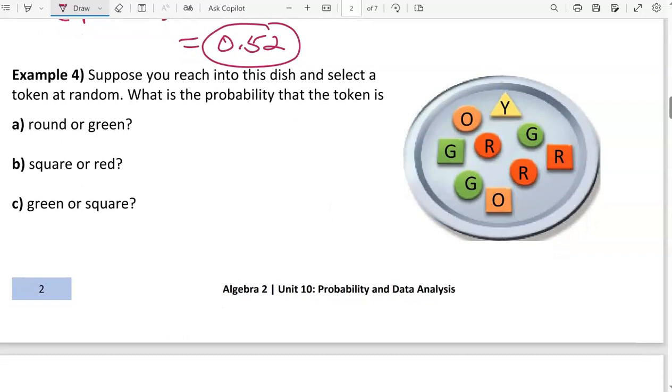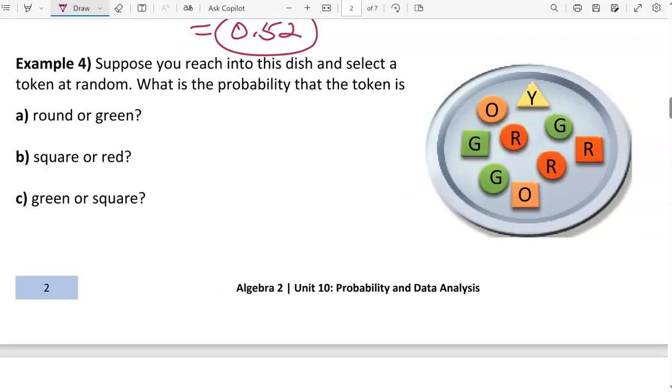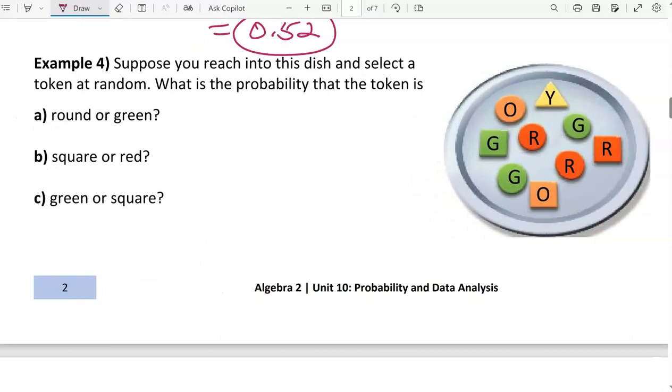We're picking from this dish and selecting a token at random. What is the probability that the token is either round or green? So let's count up our round tokens first. There are 1, 2, 3, 4, 5 round tokens. So 5 out of the 9 are round, plus the probability of our greens.